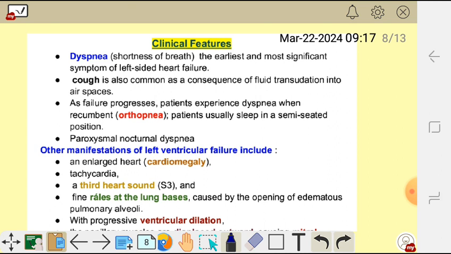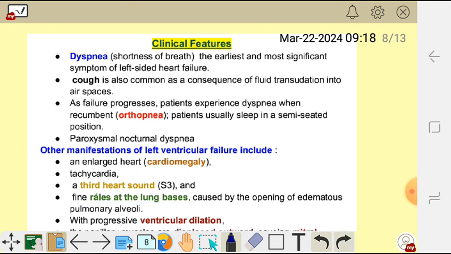Okay, so apart from these four clinical features, we also have other manifestations, such as cardiomegaly, that is enlargement of the heart, and then we also have tachycardia, and we may also hear a third heart sound. This is due to mitral or aortic valve problems. And we also have other sounds which are called rales at the lung bases.